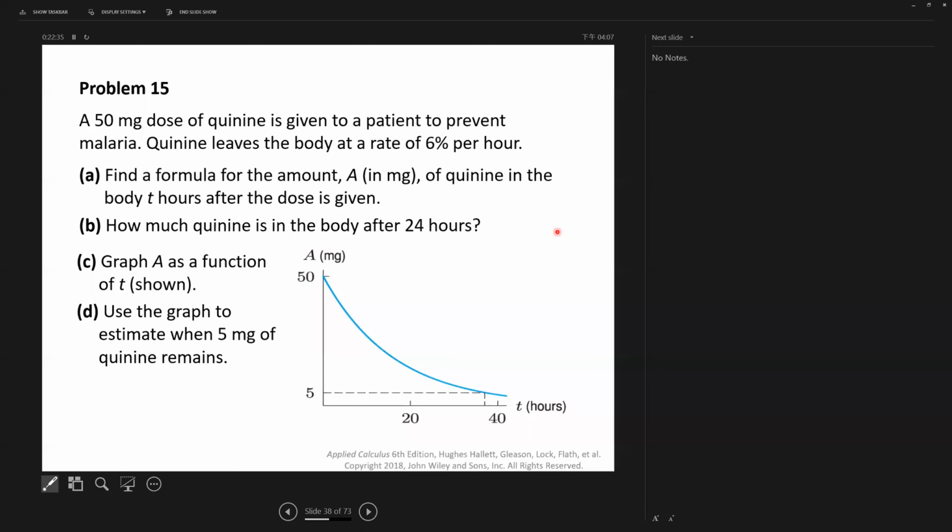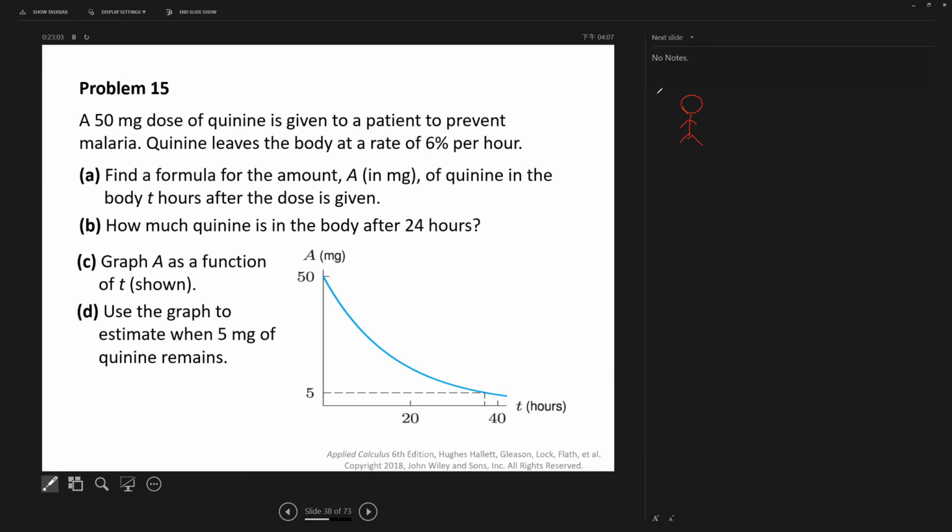Okay, we're here looking at our first problem from 15. A 50 milligram dose of quinine is given to a patient to prevent malaria. Quinine leaves the body at a rate of 6% per hour. Okay, so before we look at each part, let's understand what we're looking at here.